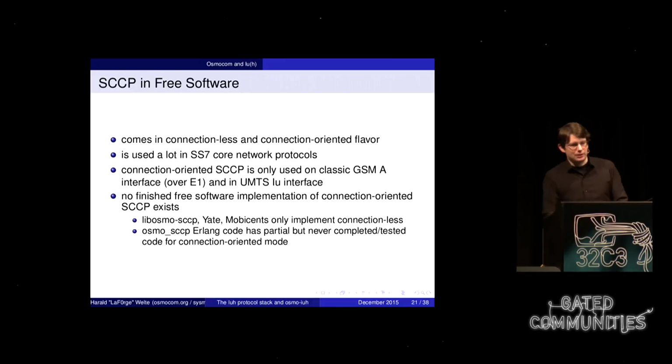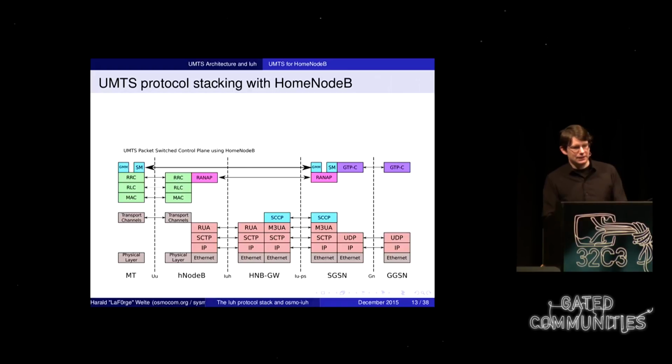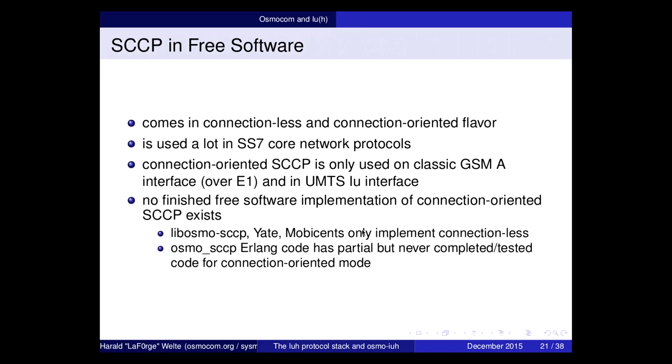Now, one of the protocols we have seen in the stack, I'm just going back a couple of slides to reiterate that, is the SCCP, which is introduced here, the signaling connection control part, if I remember correctly. It's a protocol that's used a lot in core networks of mobile operators.